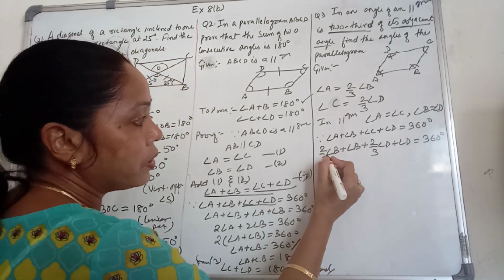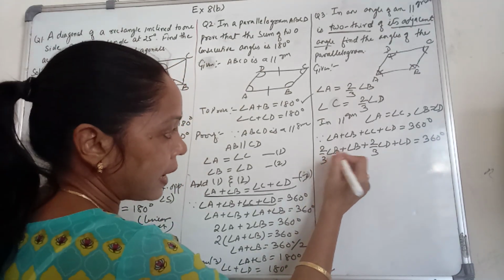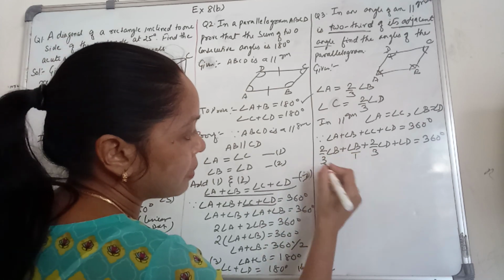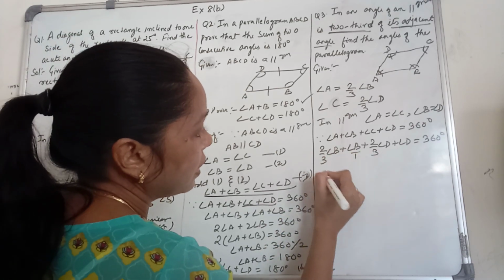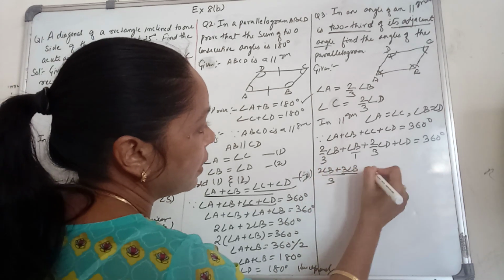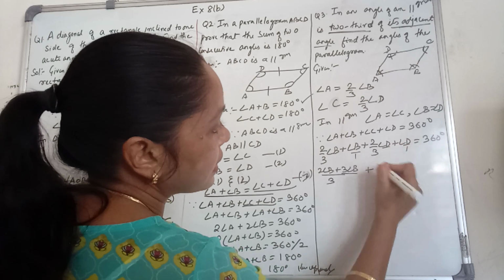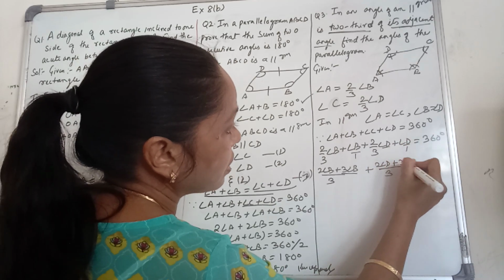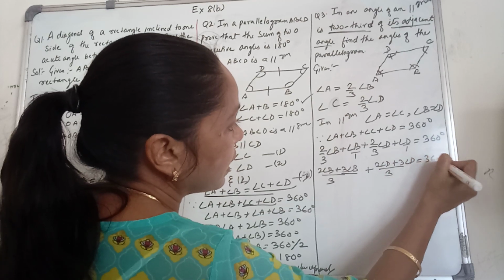Now solve it. If you take the common angle B or take the LCM 3 and 1, what you will get? LCM 3. So twice angle B plus thrice angle B, plus here if you take the LCM 3, twice angle D plus thrice angle D is equal to 360 degrees.